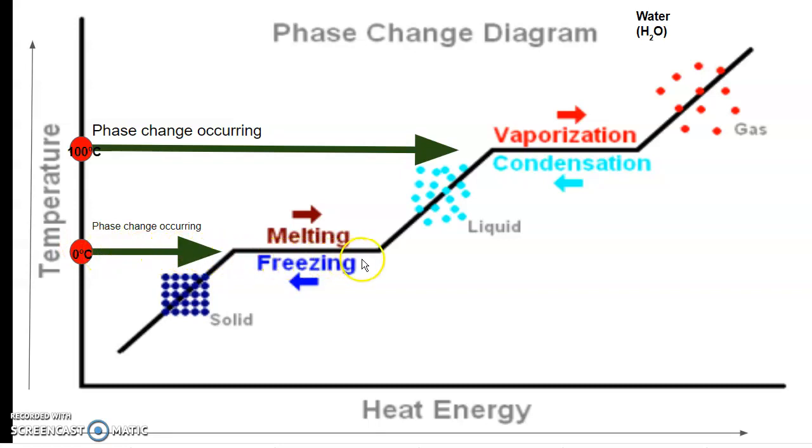Now here, during this phase change of melting and freezing, the temperature is not increasing, as you will see, because it remains uniform, because not enough energy has been added to separate all the particles that were combined in the solid form.